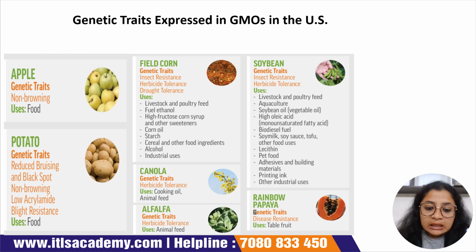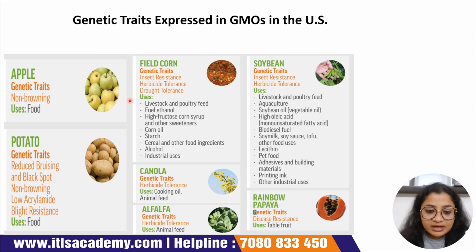So this is a diagram or a chart, which is showing the different genetic traits that are expressed in genetically modified crops or organisms in the US. First we have apple.